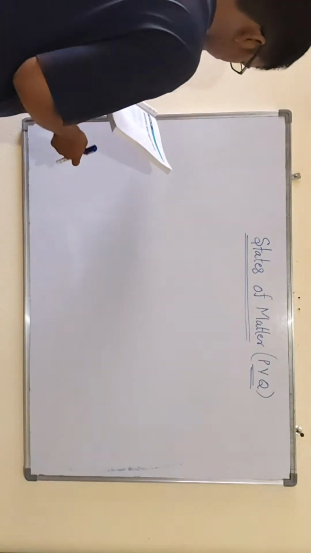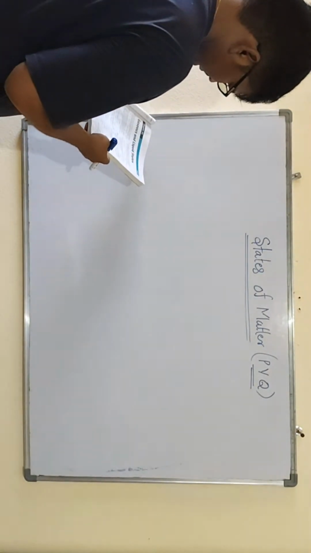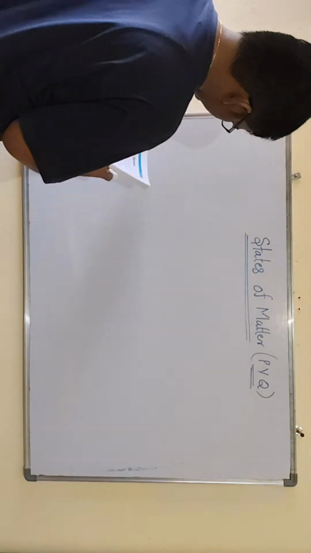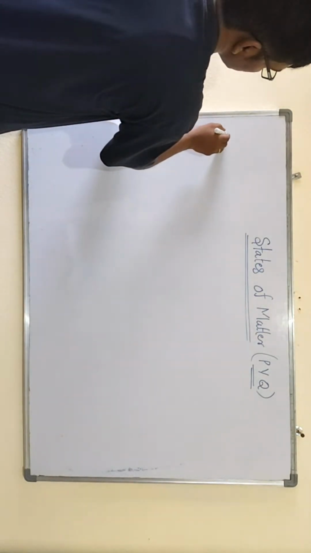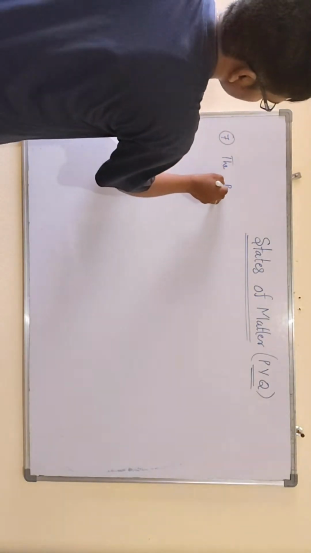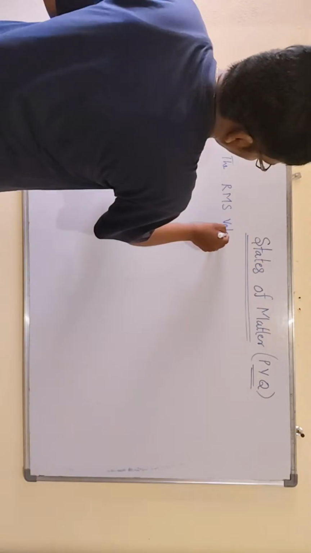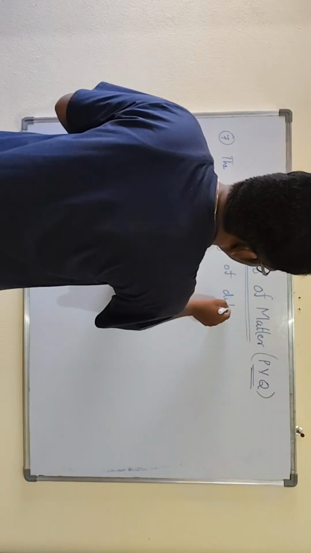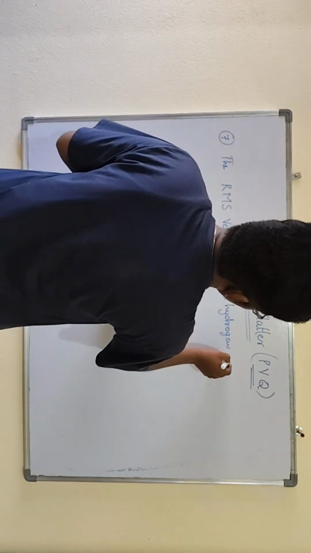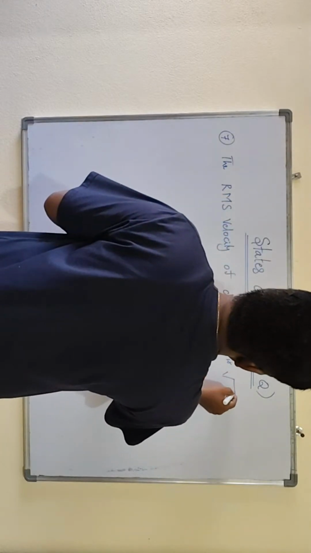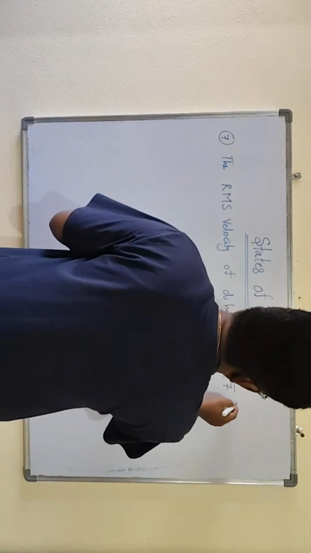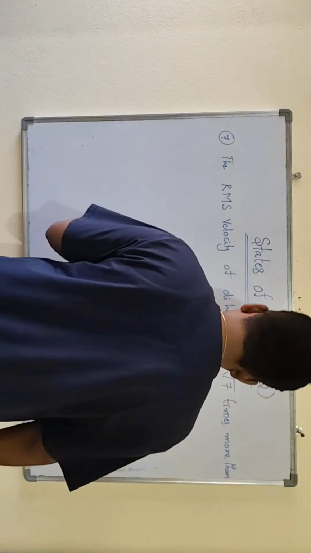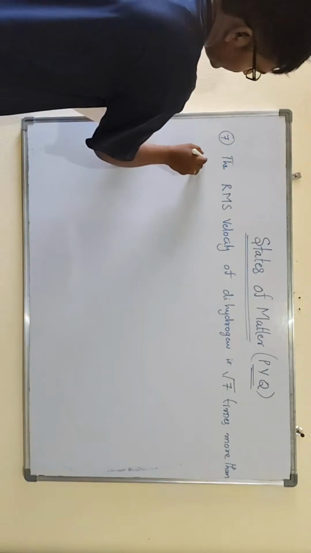Question number 7. The RMS velocity of dihydrogen is square root of 7 times more than that of dinitrogen.